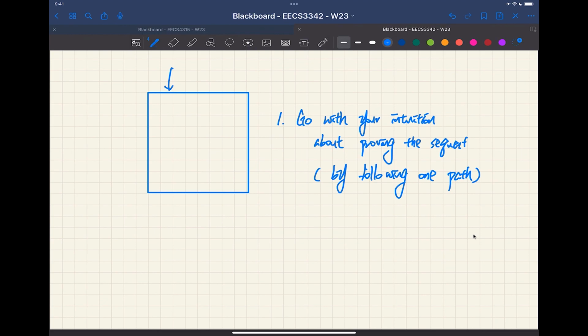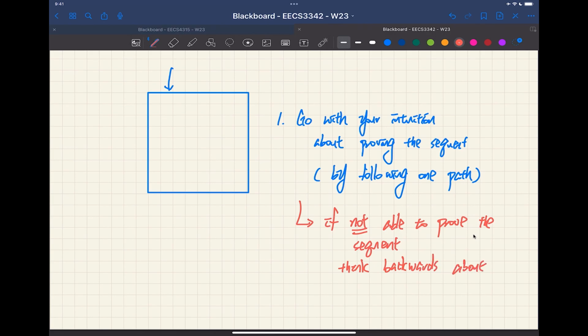So let's say if you are not able to prove the sequence, think backwards about different ways of branching.